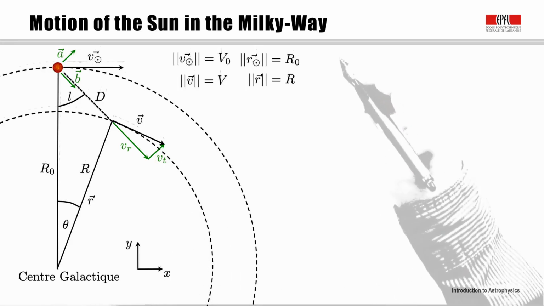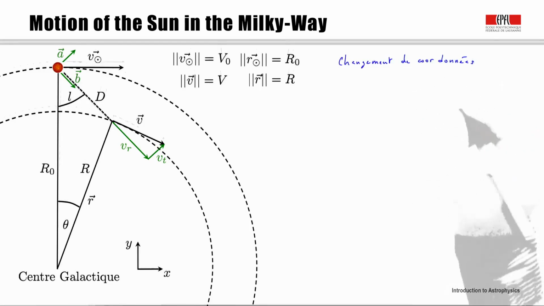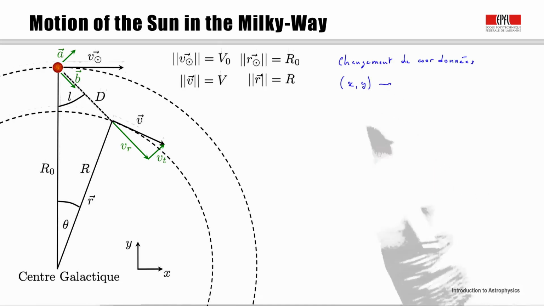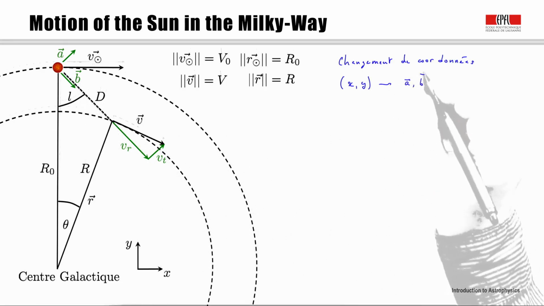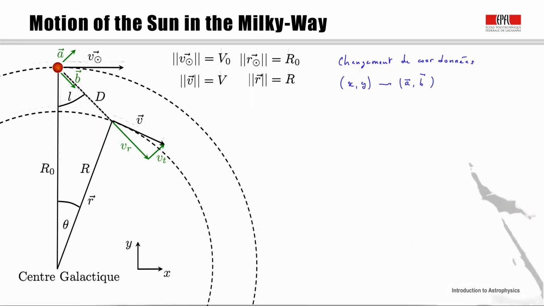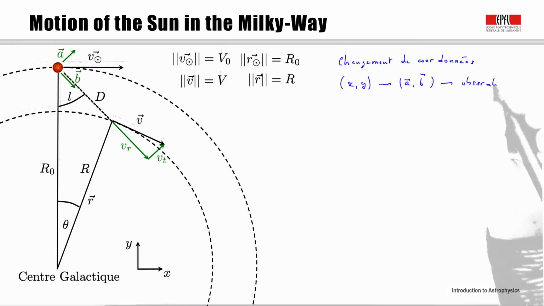Because of that, we changed the coordinate system from the Cartesian system, xy, to the system A and B, where A represents tangential velocities and B radial velocities. This is what will be observed.